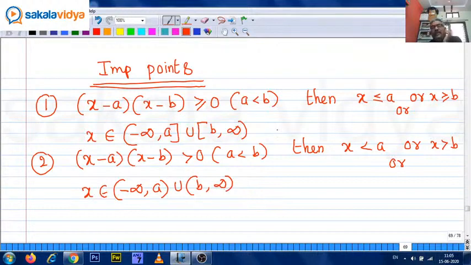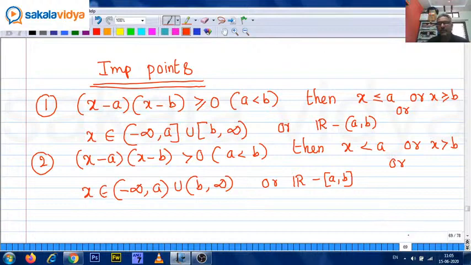That means actually here x does not lie between a and b. Or you can write like this also: R minus open a comma b. You can write like this also: R minus closed a comma b. These are the intervals. Understood now?